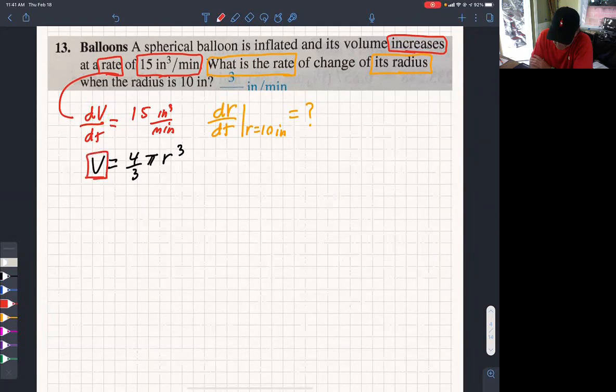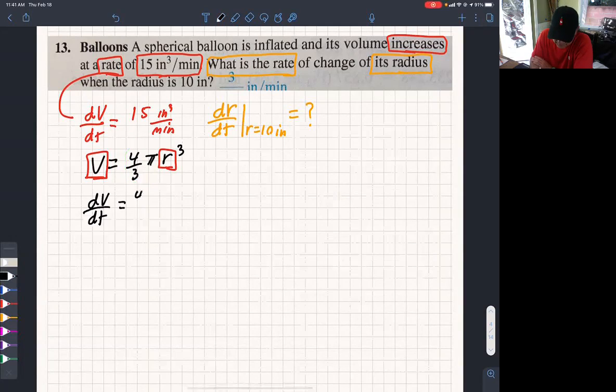These are functions. These are box. You have to treat them as functions. So what's the derivative of this side with respect to time? Well, by definition, it is dV/dt. Now 4/3 and pi, those are constants. They're not changing with time. Pi doesn't change, 4 doesn't change, 3 doesn't change.